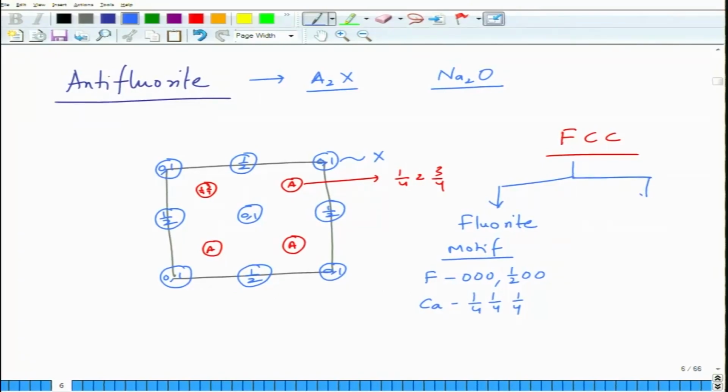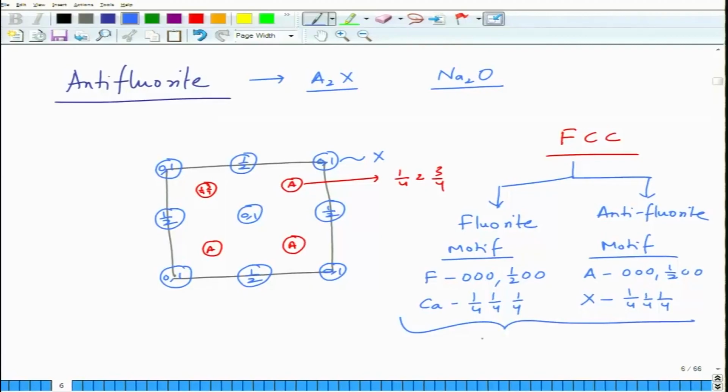In this case, the motif will be A at 0 0 0 and half 0 0, and X will go to. So, basically it is a network of 3 interpenetrating FCC lattices.